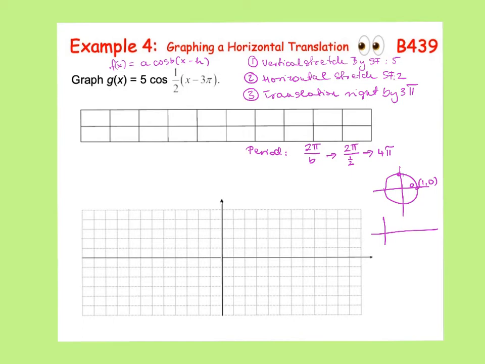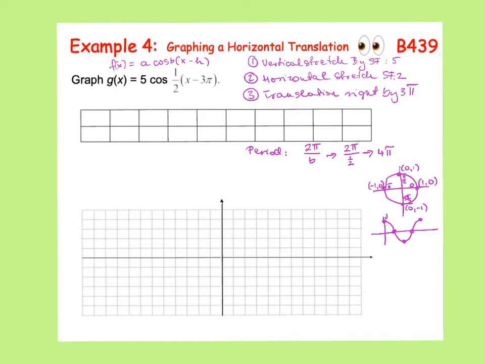So the first point, and then here we have pi over 2, and that's 0, 1. Then here we have pi, and that's negative 1, 0. And here we have 3 pi over 2, and that would give us 0, negative 1. On a cosine graph, we start with the maximum point, and then we go to the 0, the minimum point, 0, and back to the maximum point.